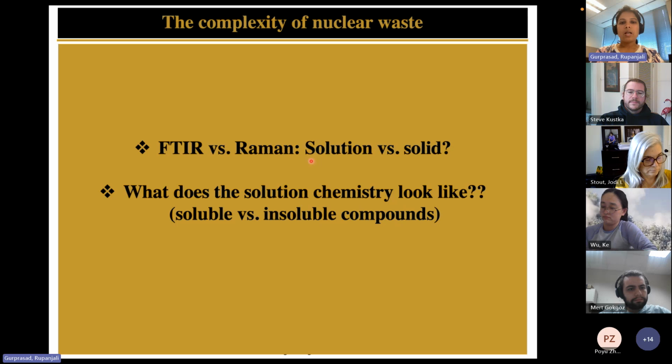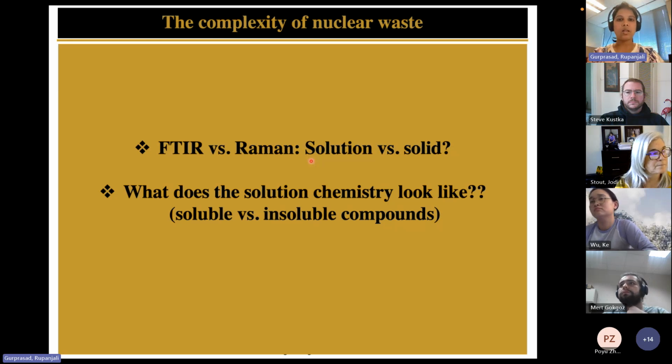Before we even progressed with our study, there were some questions that we were asking beforehand. The first is that we want to use FTIR as well as Raman. Can we selectively use them for only solution or solid phase, or can we use both of them for solution phase and both of them for solid phase, or how was that going to pan out?